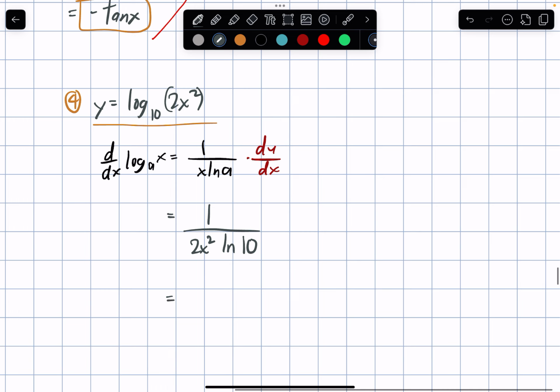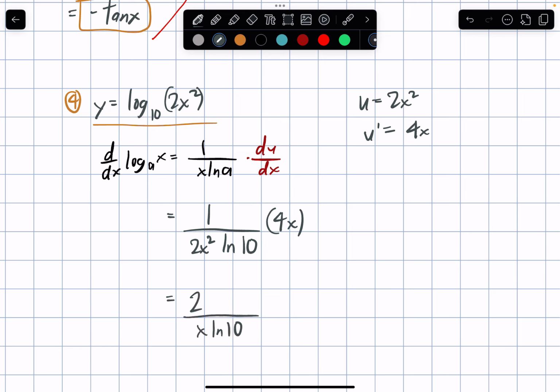So we identified u as 2x squared. How about the derivative of it? That's going to be 4x. So 4x. So 2 over x ln 10. I think this is the answer already. Let's verify. All right. Okay. That's it. Let's move to number 5.